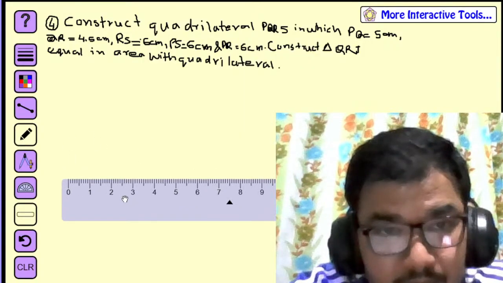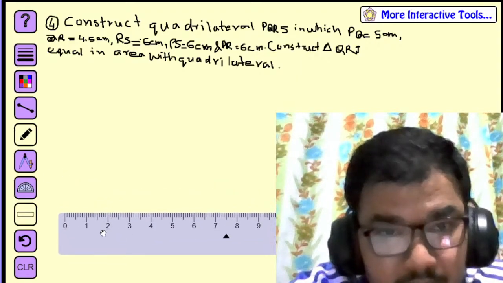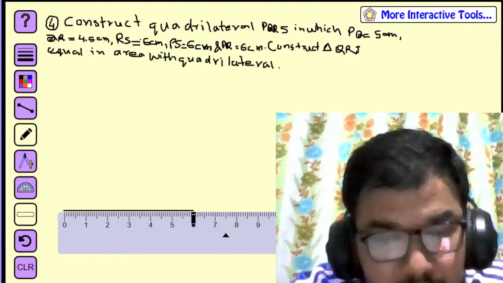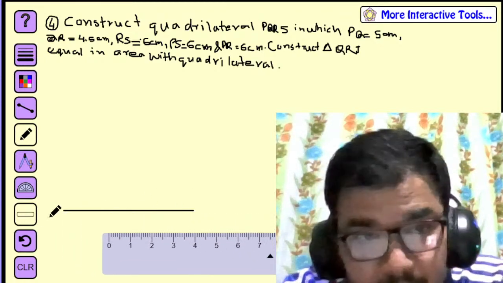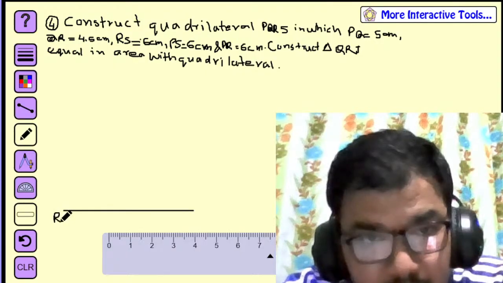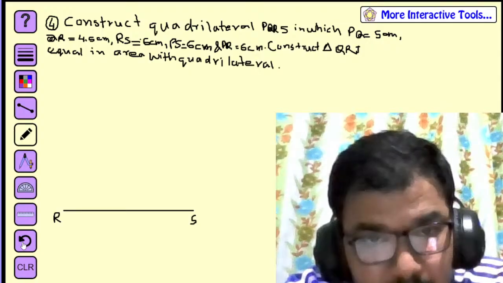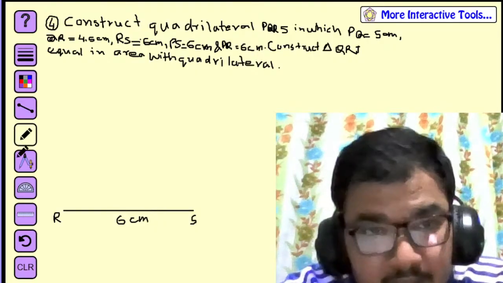Draw from here this bit down to this. This is 6 centimeter, okay. Its name is RS, and write its measurement also here. Write 6 centimeter, like this.